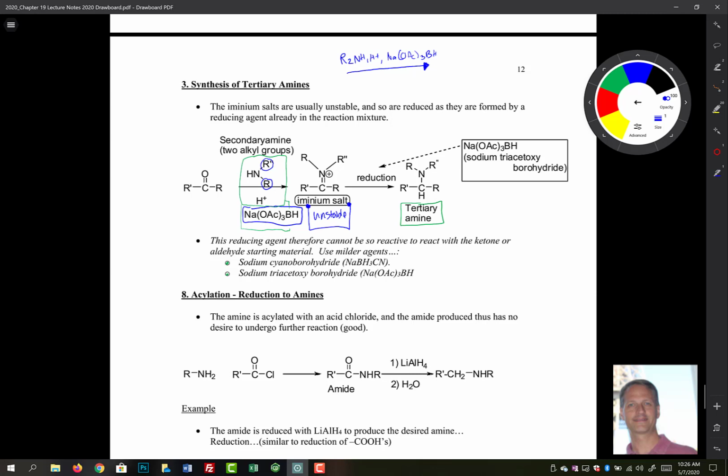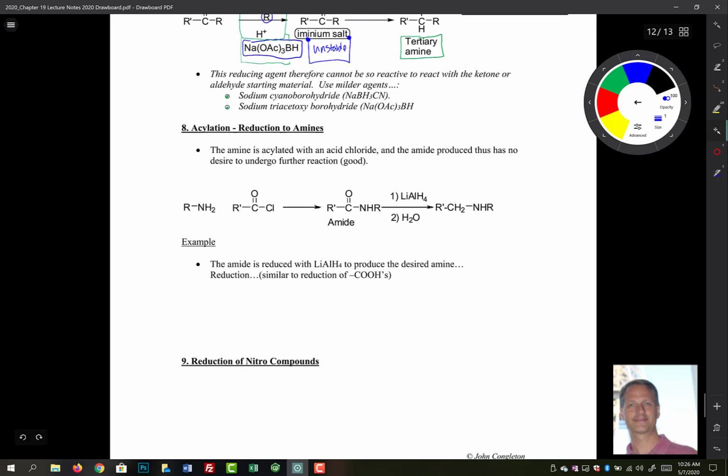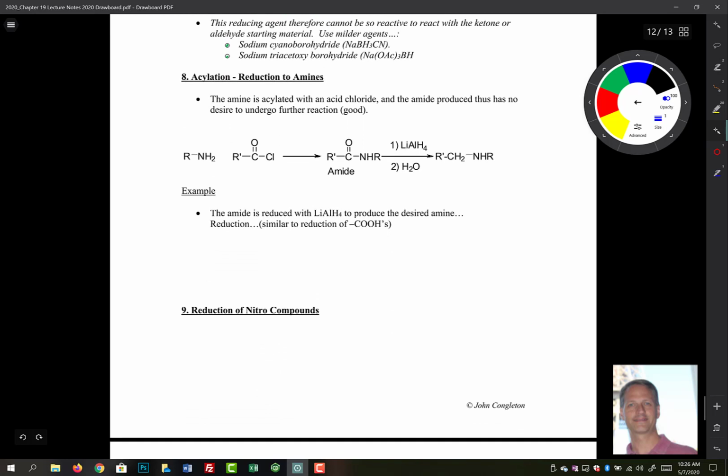Now, a couple other reactions to finish up with here. Some of these are going to be covered in chapter 21. Like this next reaction here involves an amine, and we add to it an acid chloride.